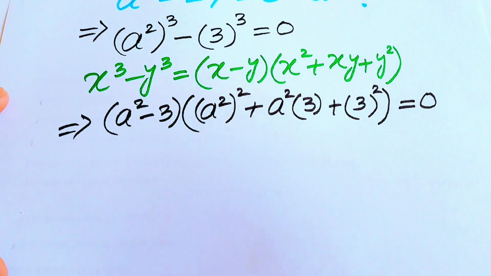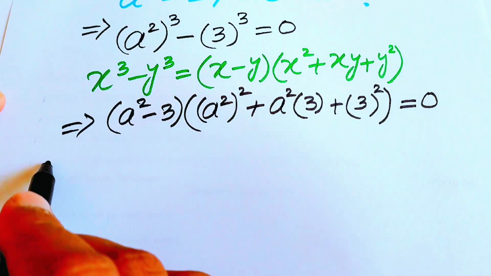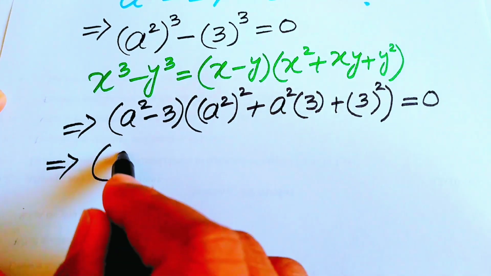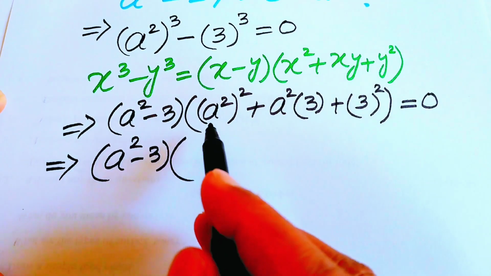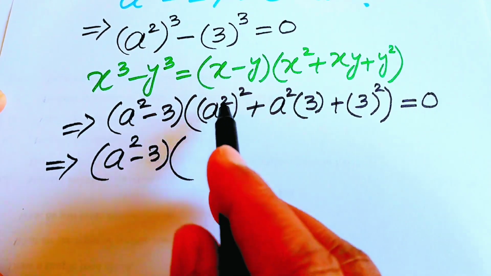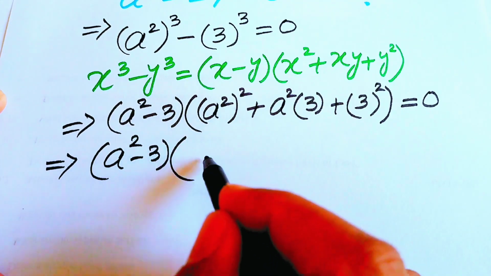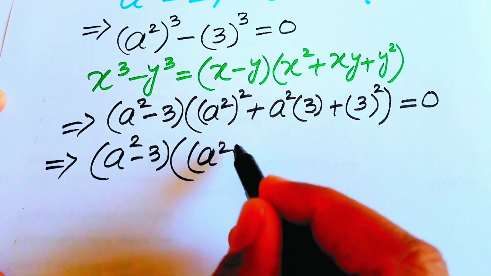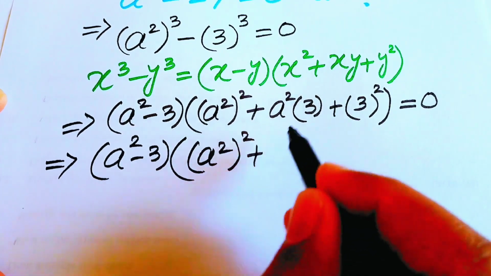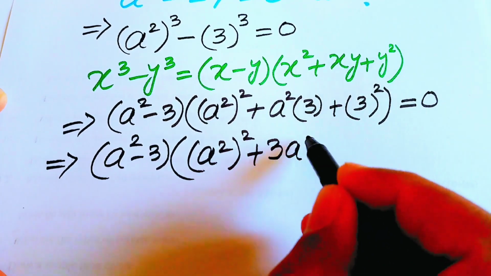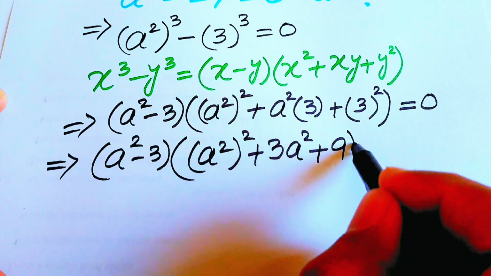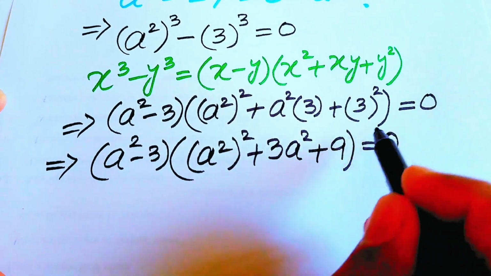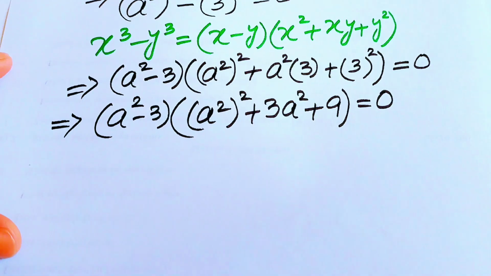So now we first simplify these terms and we write it as a square minus 3 times, we have a square to the square, and we write it as a square and its whole square plus 3 times a square, and we know that 3 square becomes 9, and this whole equation equals 0.